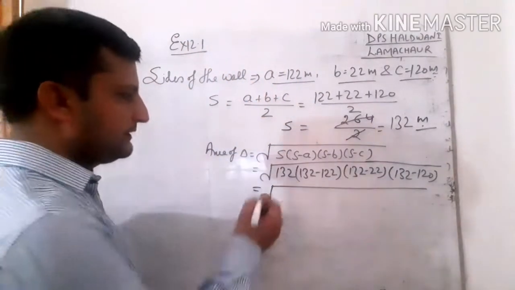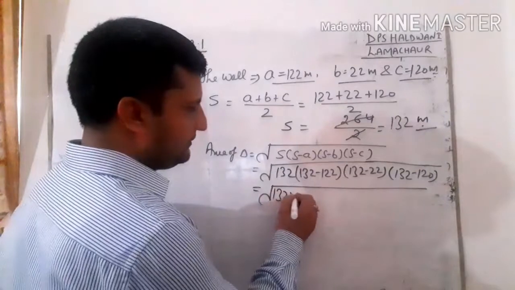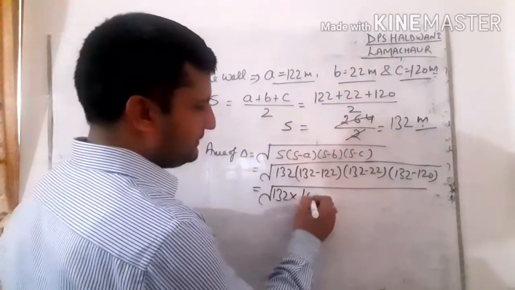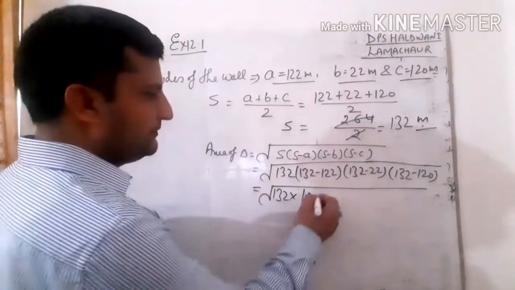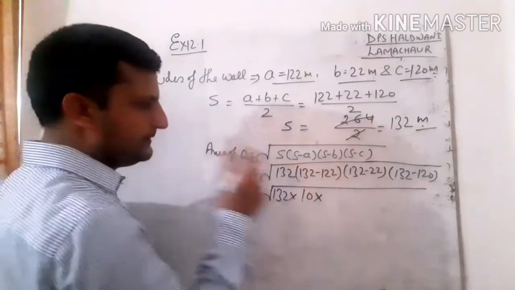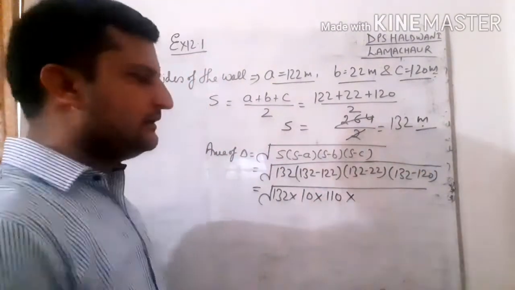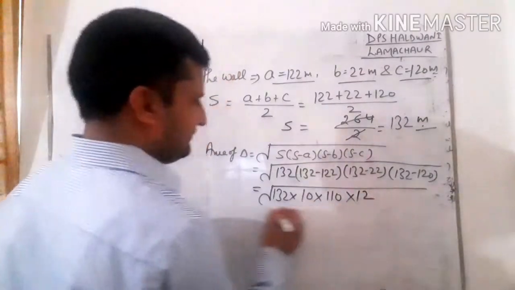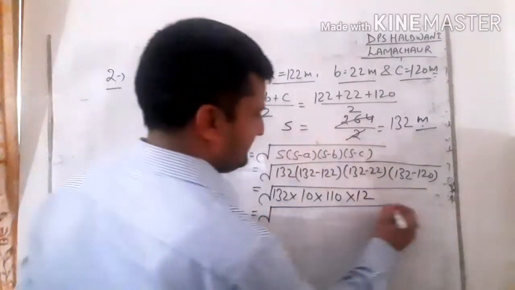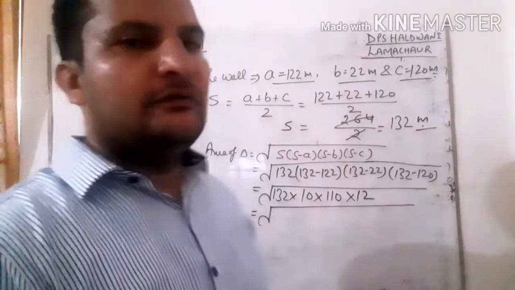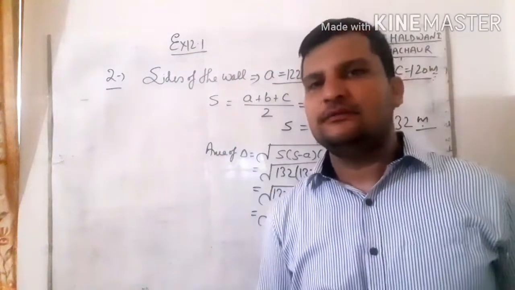We have to find the factors. We can write it 132 into 132 minus 122, that is 10, into 132 minus 22, that is 110, into 132 minus 120, that is 12. So students, 132 means 11 into 12 is 132.